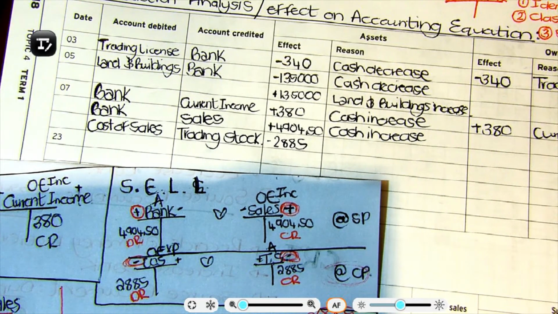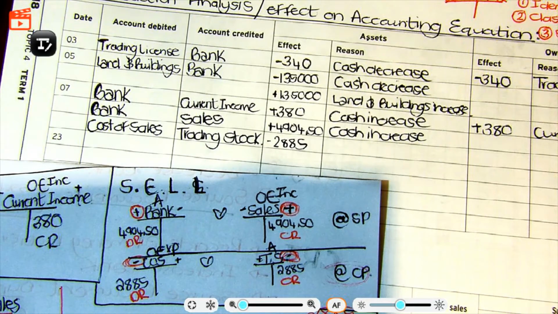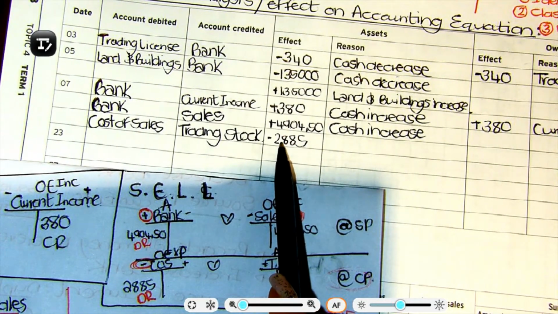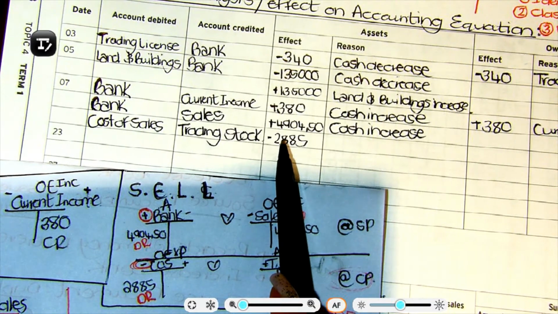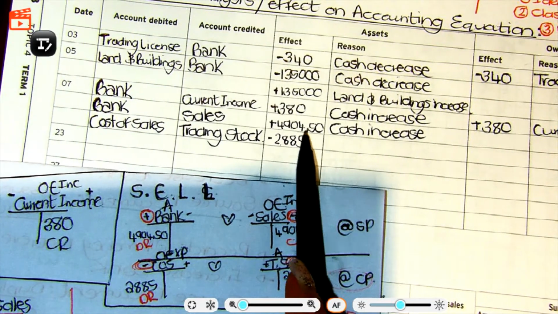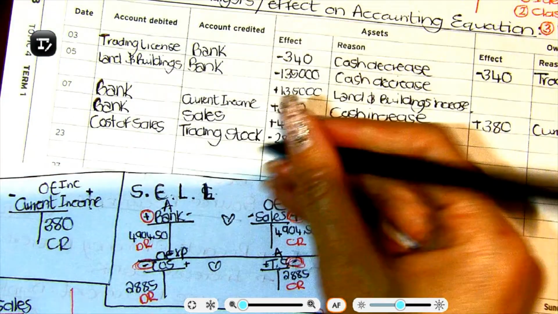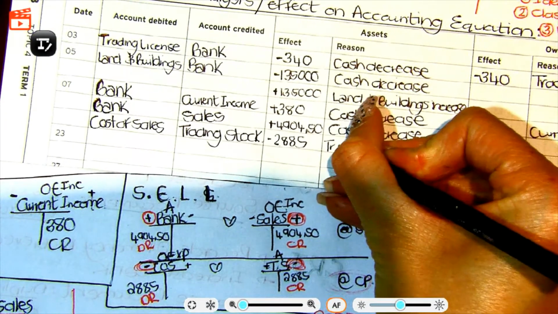My selling price always has to be higher than my cost price because I have to make a profit. The difference between selling price and cost price is going to give me my profit earned. So my reason is going to be trading stock decrease.